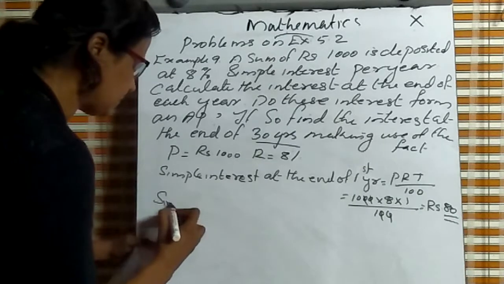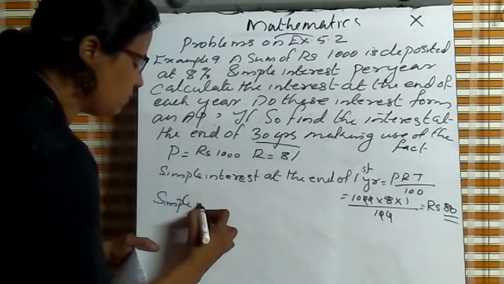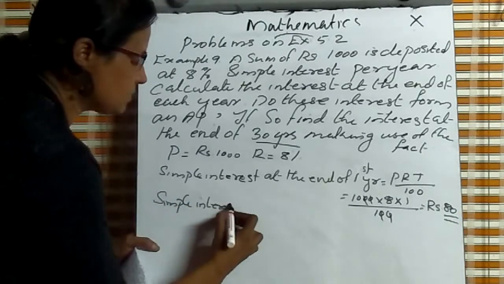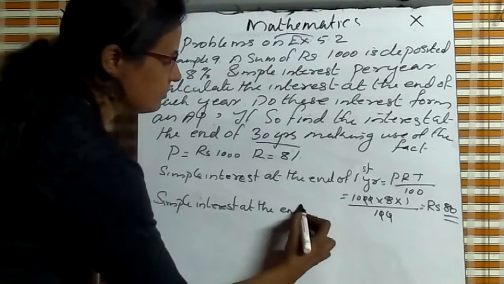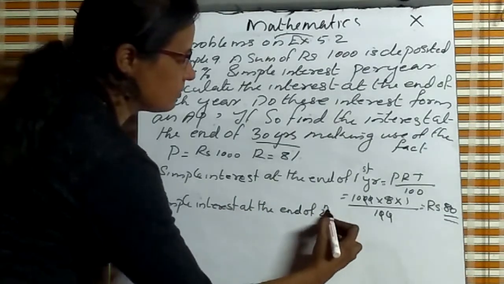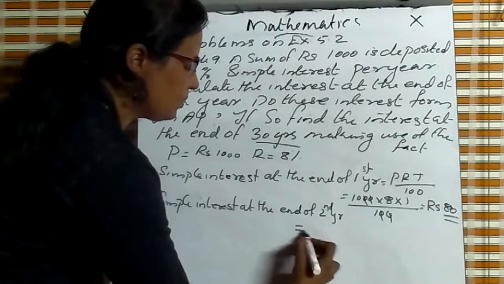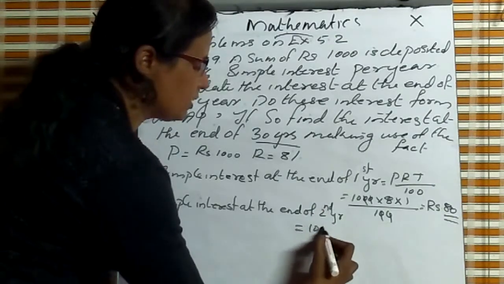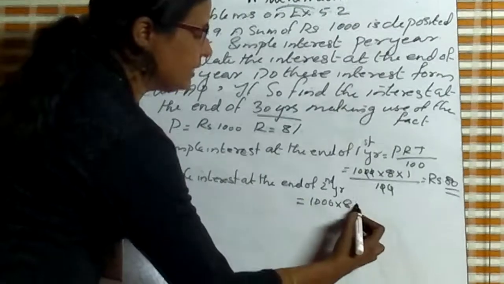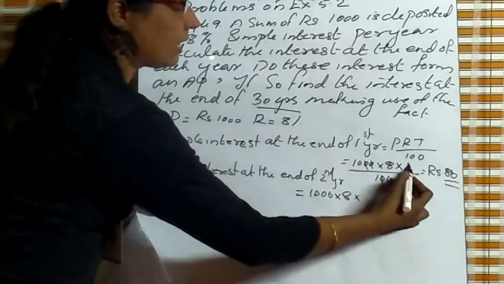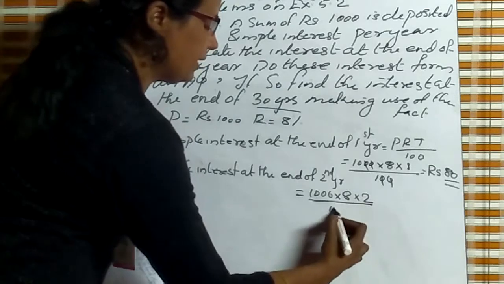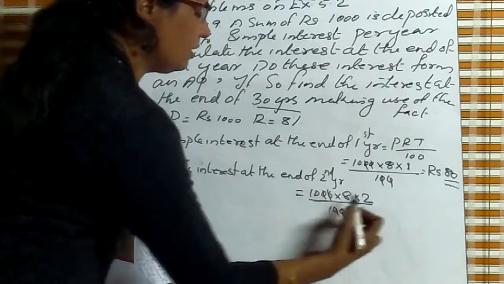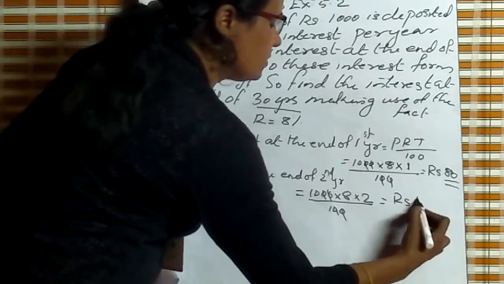Then simple interest at the end of second year is equal to PRT by 100. Here one thing changes: the number of years, T, time, here 2. 1000 into 8 into 2 by 100 is 160.